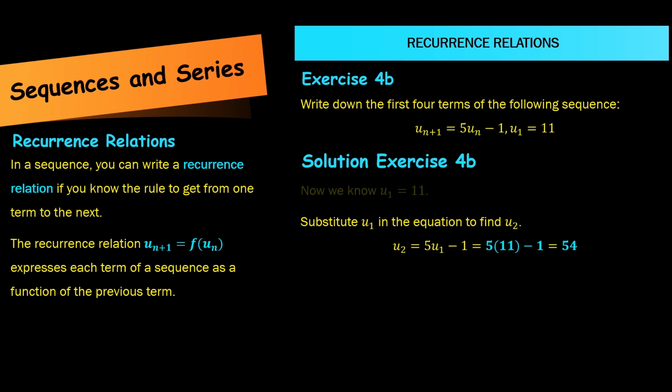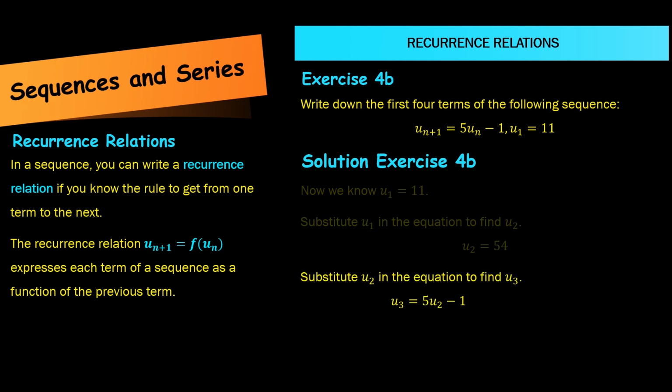And similarly for u3, we have this expression when we substitute n equal to 2 in the recurrence relation. And then plugging in u2 equal to 54 gives us 5 times 54 minus 1, which is equal to 269.